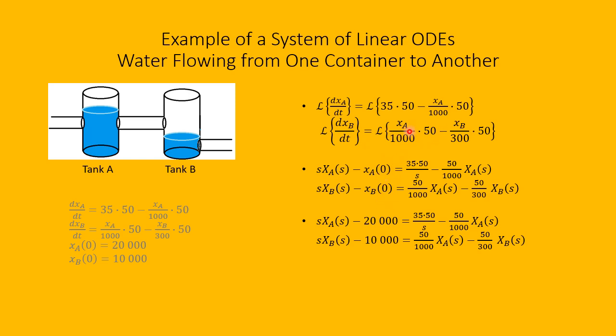The Laplace transform of this stuff on the right-hand side is done exactly as we did earlier for the top equation. The Laplace transform of this term is 50 over 1,000 times capital X sub a of s. The Laplace transform of 50 over 300 times this is minus 50 over 300 capital X sub b of s.